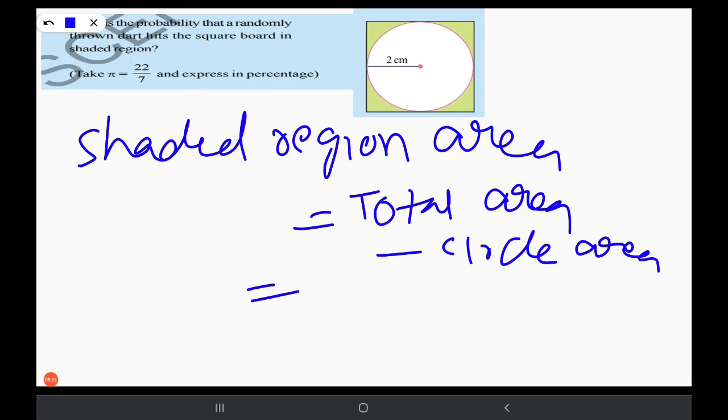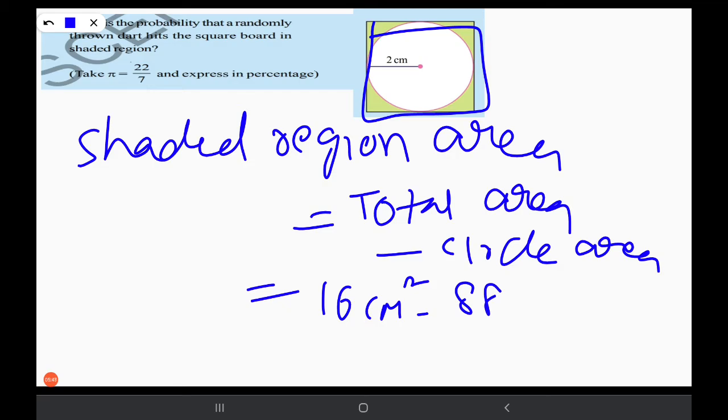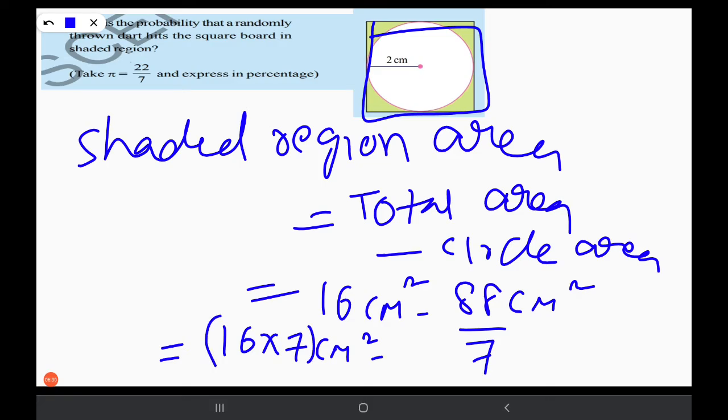Total area is this square area, we got 16 centimeter square, minus circle area, we got 88 centimeter square by 7. So take the cross multiplication, it becomes 16 into 7 centimeter square minus 88 centimeter square by 7 as it is. Are you clear with this?